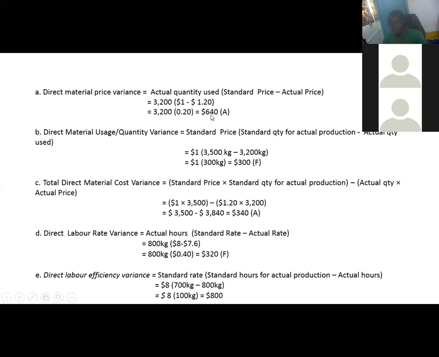Now, you can realize that we've already calculated the direct material price variance, and we had $640, which was unfavorable. So now you write your 640 adverse, plus what we had for direct material usage variance, which is $300 favorable.